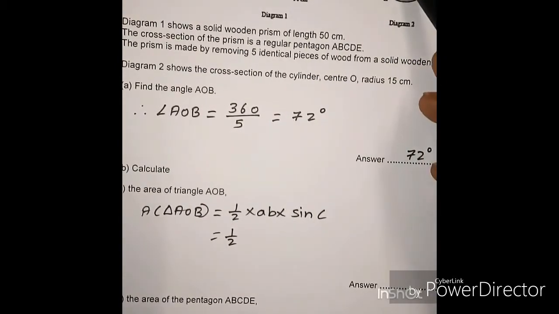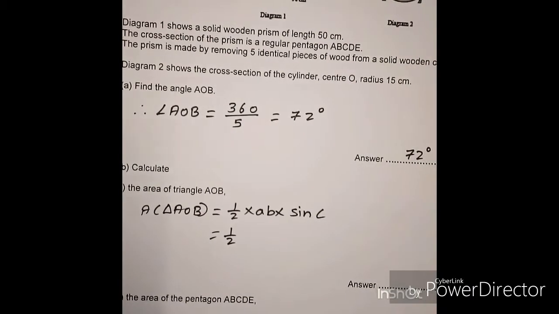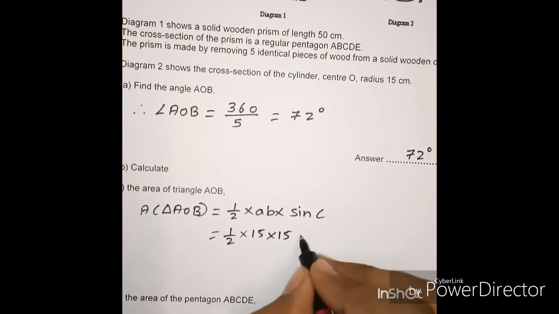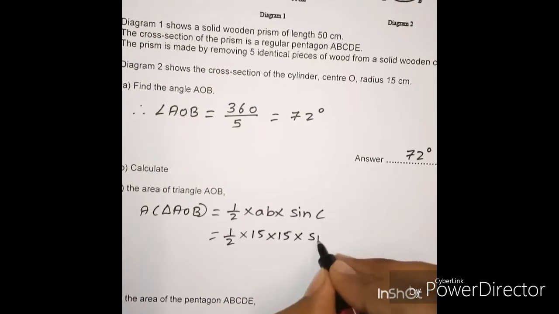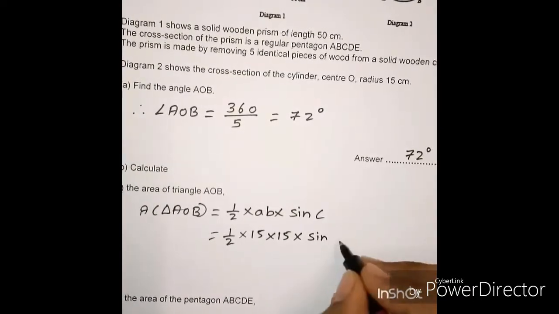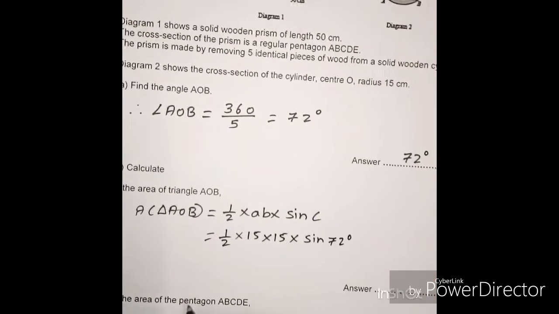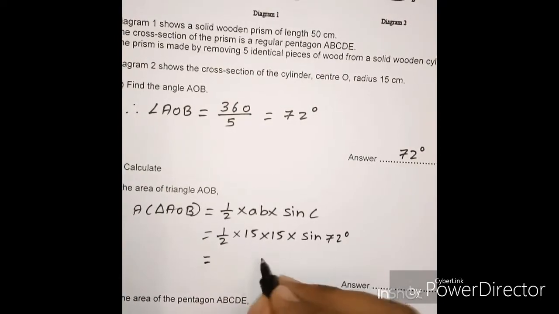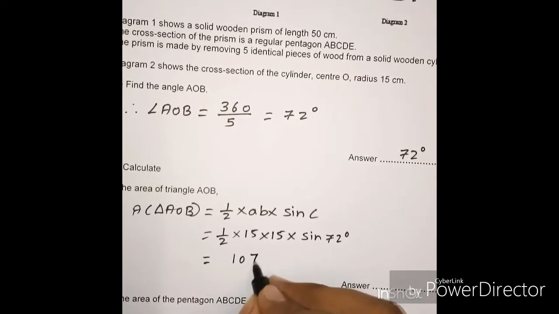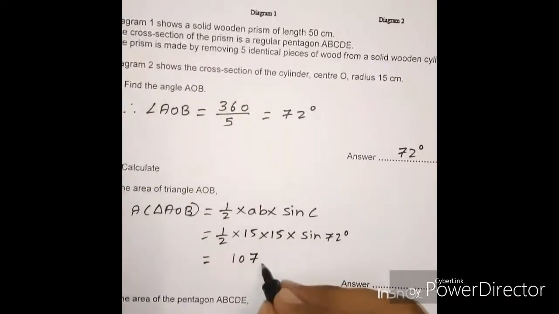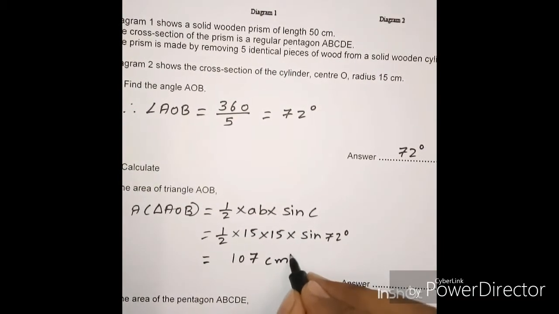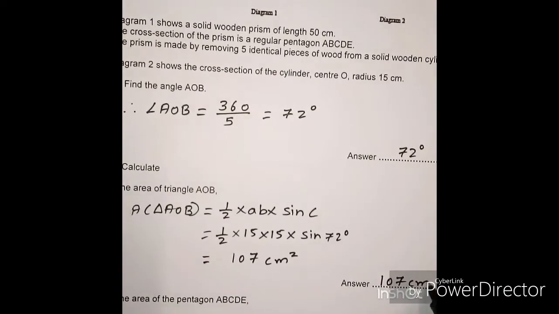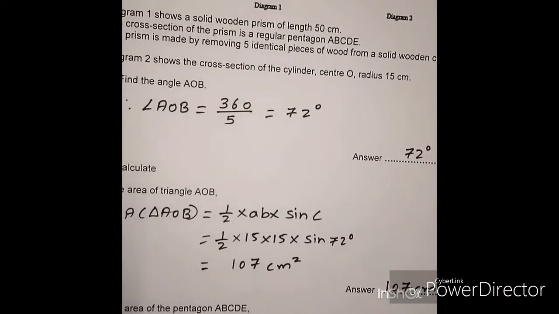OA is 15 centimeter and OB is 15 centimeter. So here it will be half into 15 into 15 into sine 72 degrees, and if you use your calculator you will get the answer as 107 centimeter square.